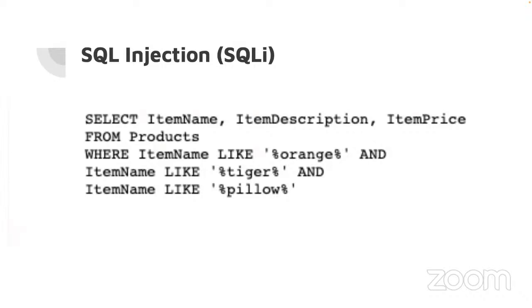For example, if a user enters orange tiger pillow into a search box, the web server needs to know what products in that catalog might match the search item, sending a request to the backend database server like the following, retrieving a list of items that can be included in the results. Looking for an item name, item description, item price from products where that item name could have things like orange, tiger, and pillow.